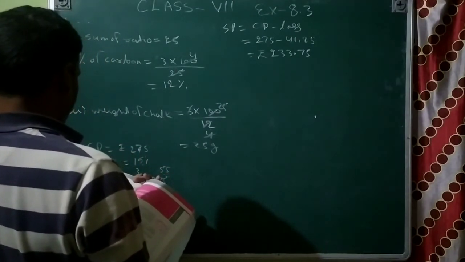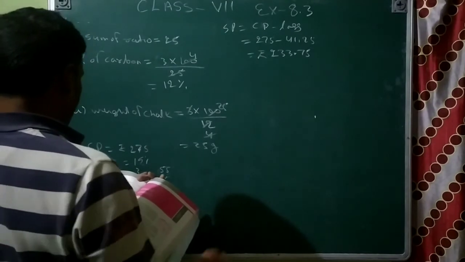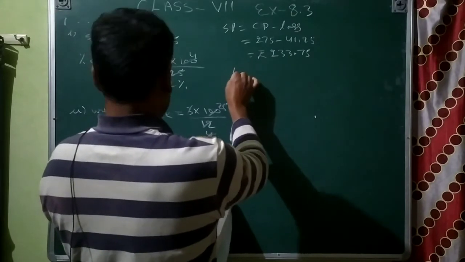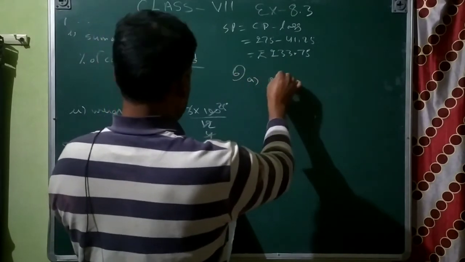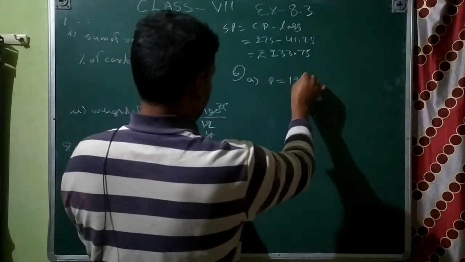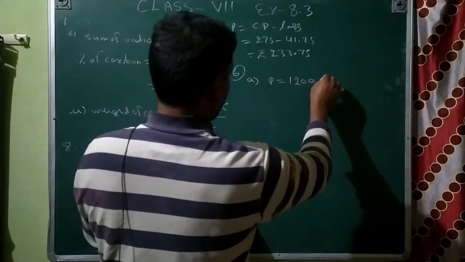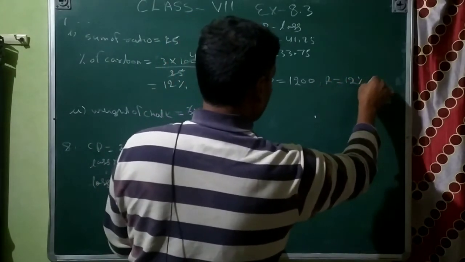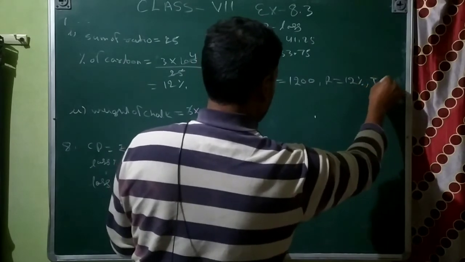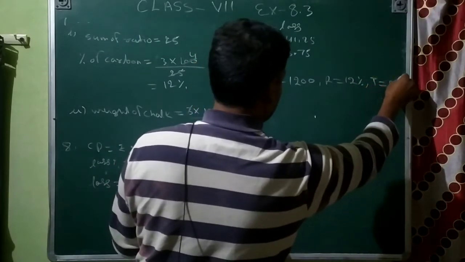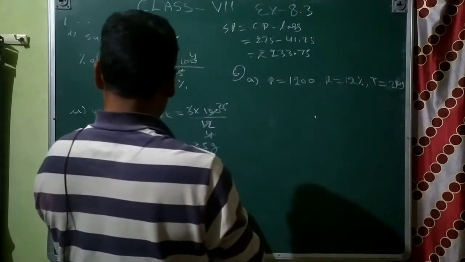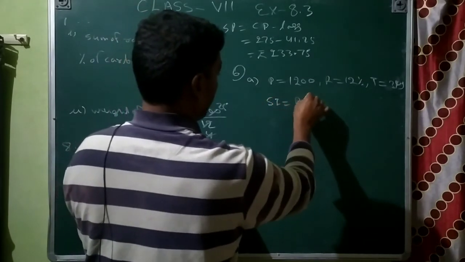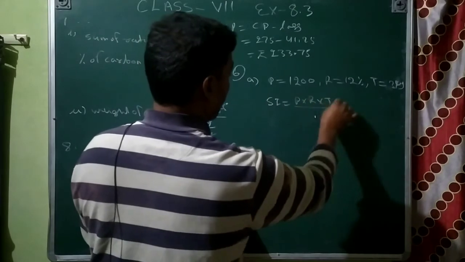In each case, principal is this at 12% rate. So that 6th A part, P is equal to 1200, and then R is equal to 12%, and then T is equal to 3 years. So we need to find that amount. So SI is equal to P into R into T upon 100.